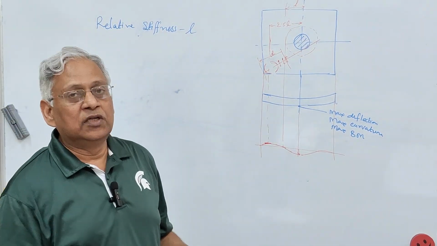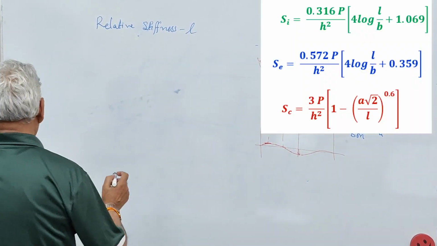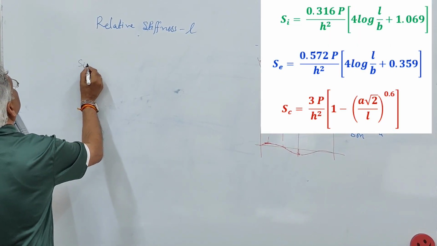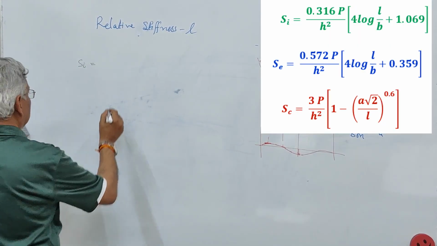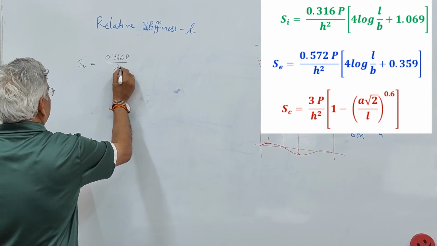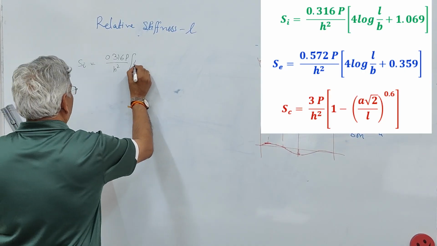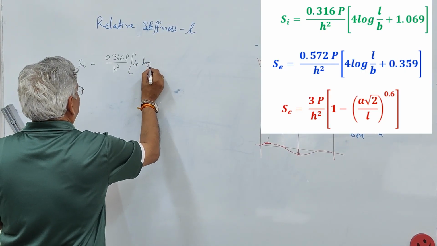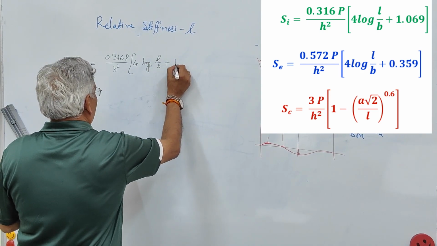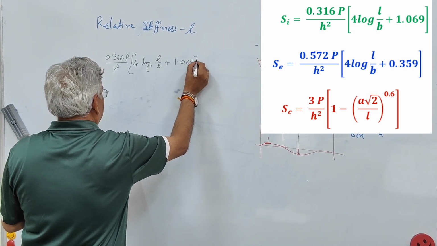Okay. So the equations given by Westergaard for calculation of interior stress, that is Si, is 0.316 P upon H square into 4 log to base 10 of L by B plus 1.069.